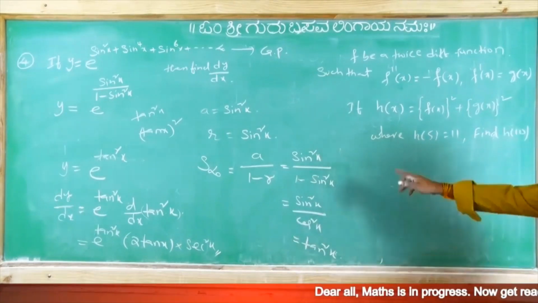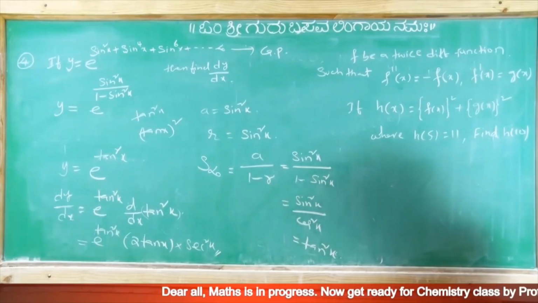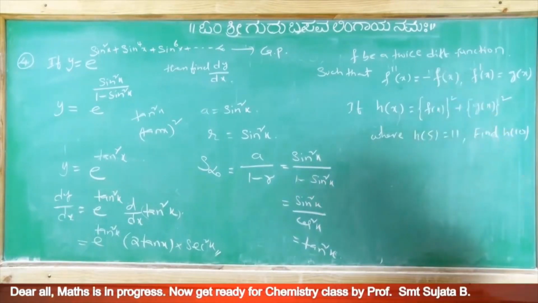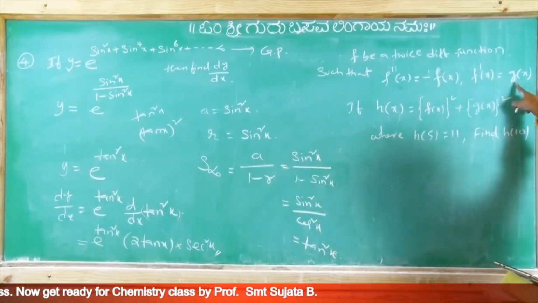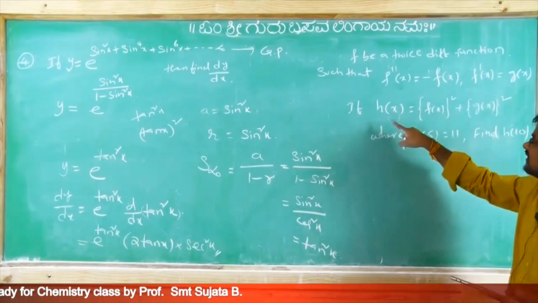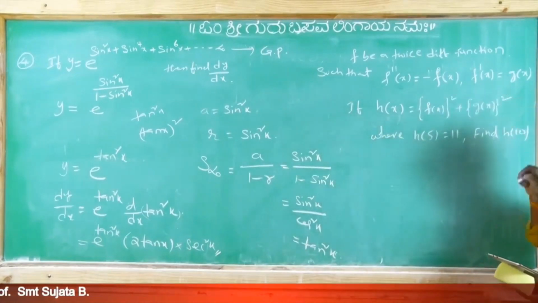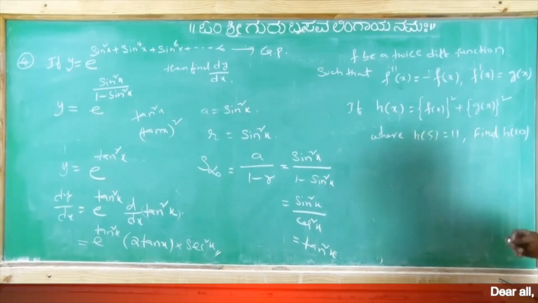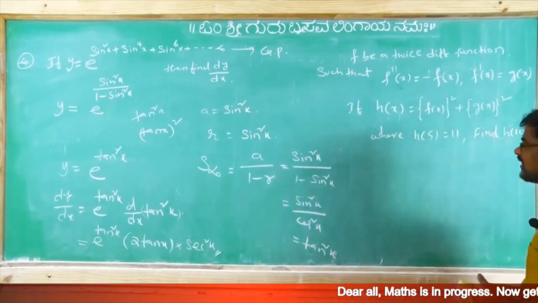Once again, f is a twice differentiable function such that f double dash of x equal to minus f of x and f dash of x equal to g of x. If h of x equal to f of x whole square plus g of x whole square, where h of 5 equal to 11, then what they are asking? h of 10. So this is an important problem.